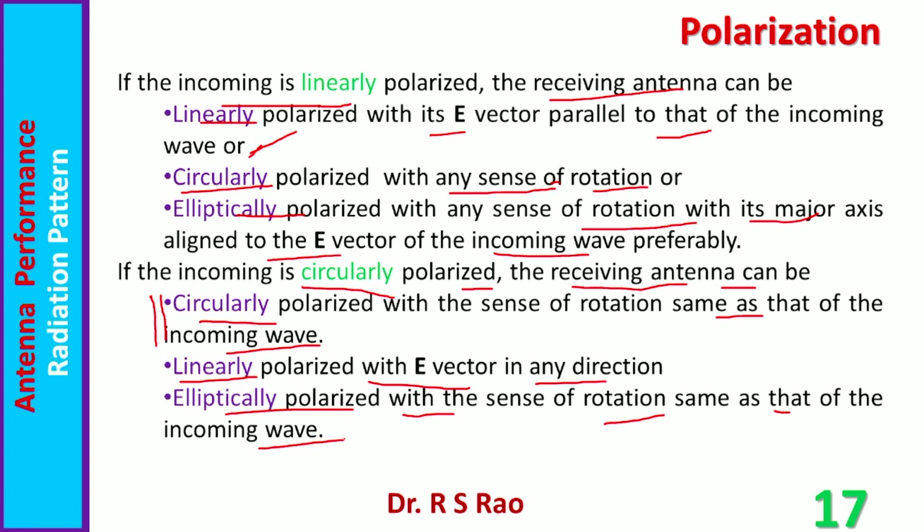One more factor has to be tallied, has to be agreed upon by both wave and antenna, and that is sense. If the wave is clockwise and the antenna is anti-clockwise, or the antenna is clockwise and the wave is anti-clockwise, then the signal cannot be received by the antenna. Zero signal appears at the output terminals of the antenna.